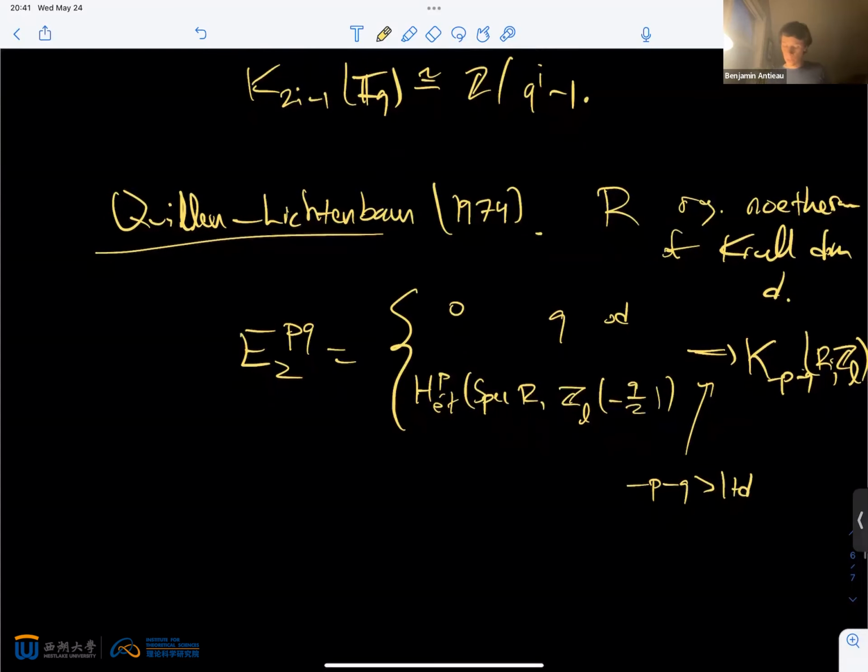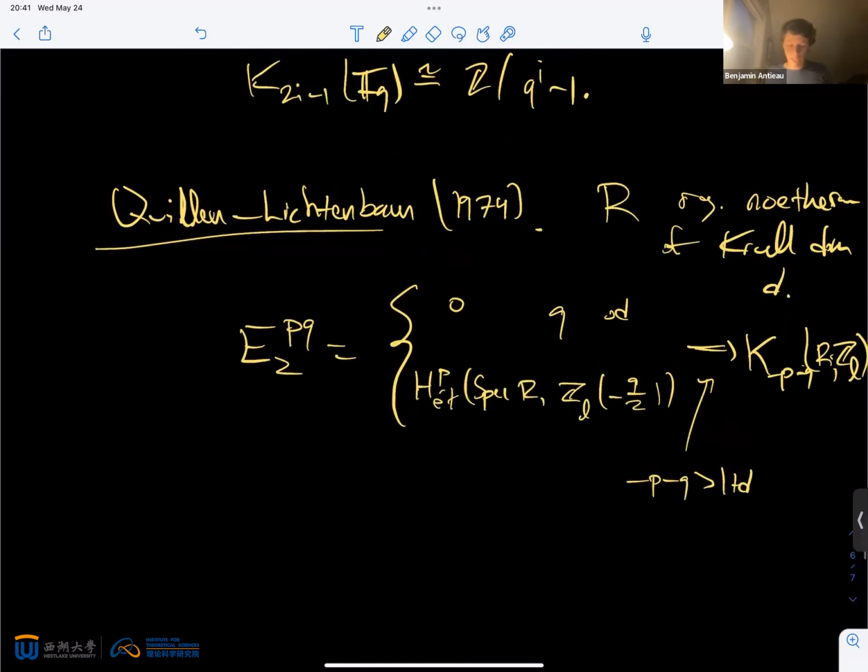So he had done some calculations, and there were sort of conjectures. Lichtenbaum had thought about special values of zeta functions, and together with these calculations in low degrees, they cooked up a guess for how the higher algebraic K-theory groups should look for the integers.